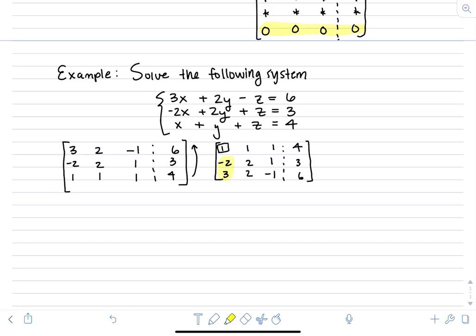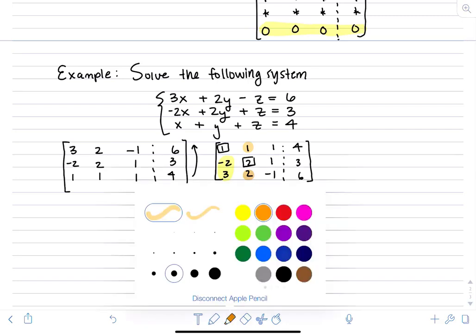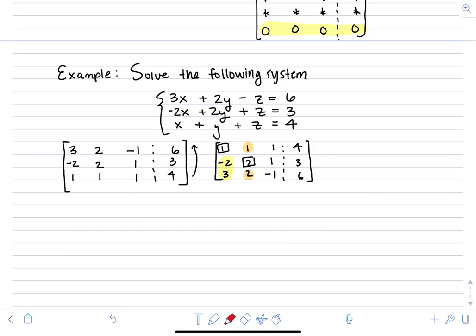Then the next step, we'll get rid of whatever's on the top and bottom, using the diagonal to do that. And then lastly, we'll be getting rid of whatever's in the third column using what's on the diagonal in the third row.